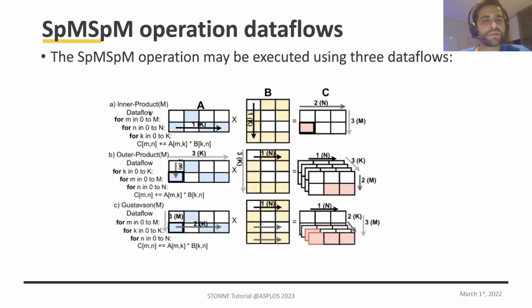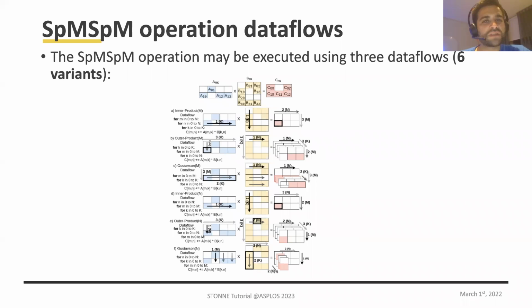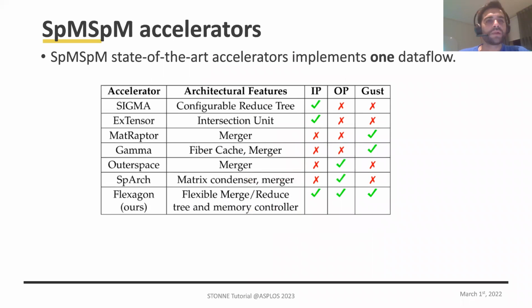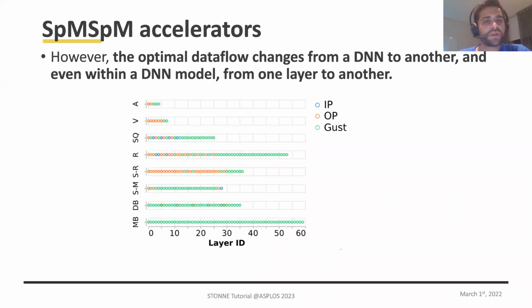This is basically based on the loop orders, how the calculations are done, right? Actually, there are not 3 but 6 types of dataflows, yes, all the loop order combinations, and based on this you have different memory access patterns and different performance.